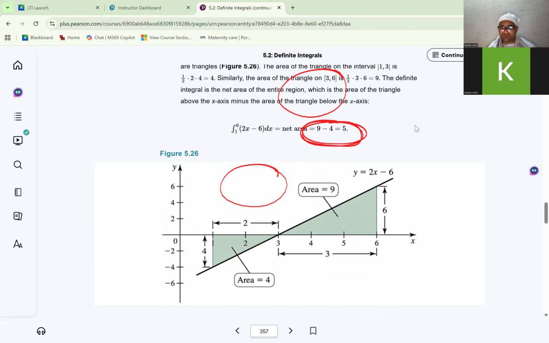So the integral from 1 to 6, this part here, let me remove the other part so it's clear, is 9 minus 4.